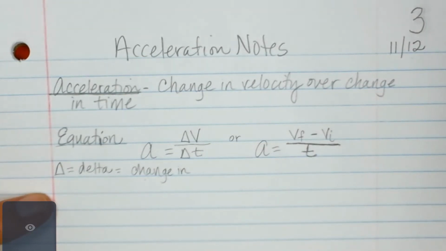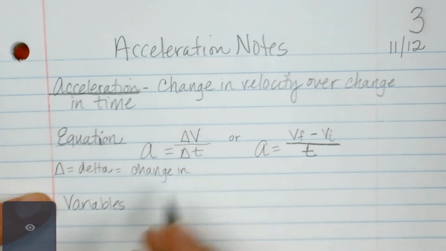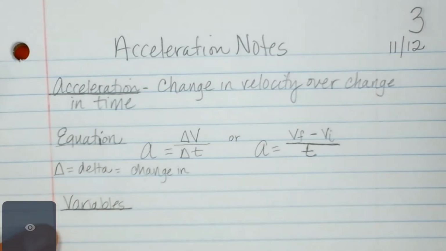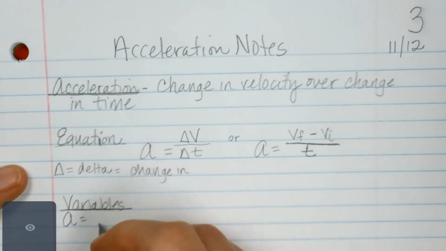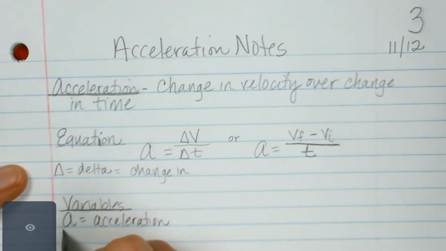Okay, so let's talk about the variables. Remember, the variables are the letters that represent the terms that you're using. In this case, capital A is going to be acceleration. VF is final velocity.